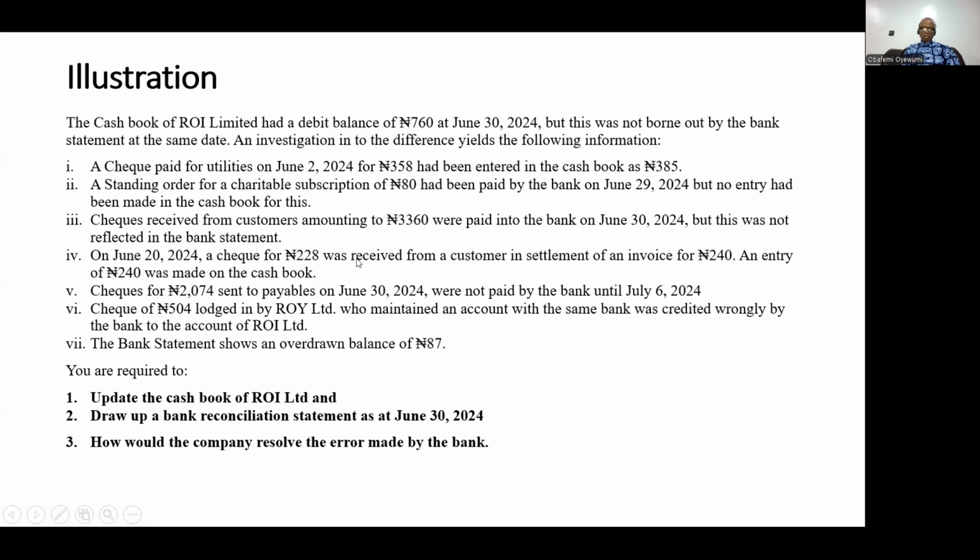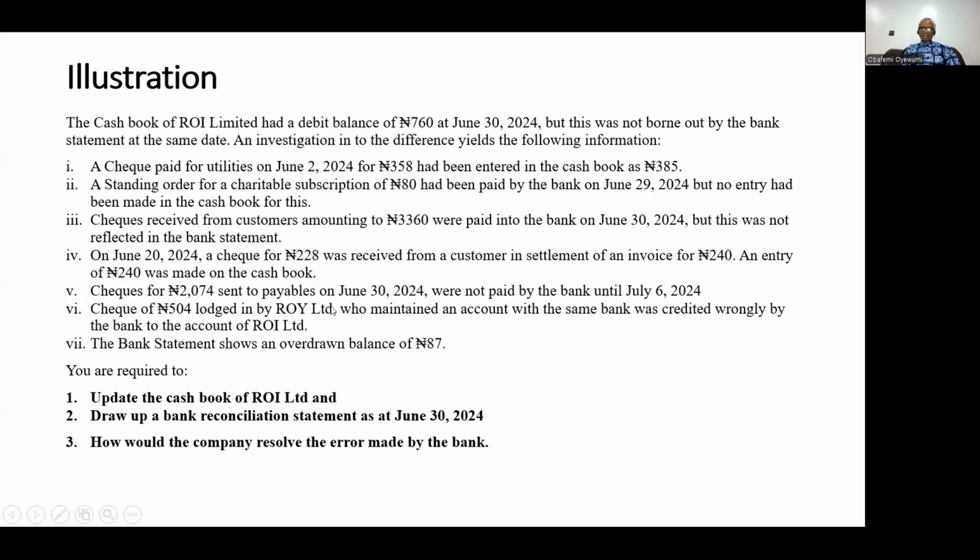Now you will need to update the cash book and then draw up the bank reconciliation statement as at June 30th, 2024. How will the company resolve the error made by the bank? There's one particular entry here talking about the errors made by the bank. A check of 504 naira lodged in by ROY, who maintained an account with the same bank, was credited wrongly by the bank to the account of ROI.